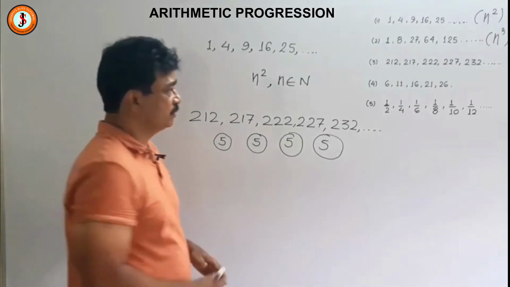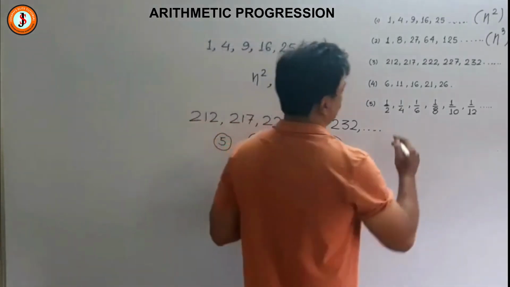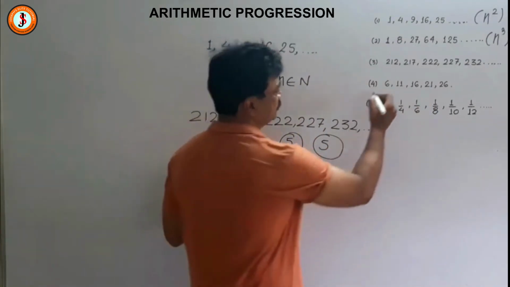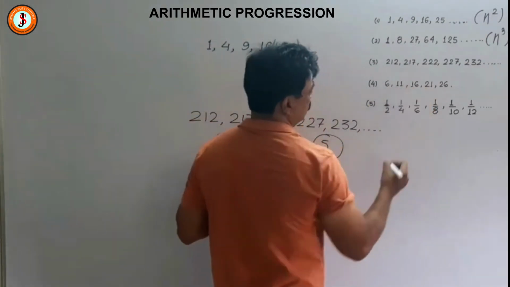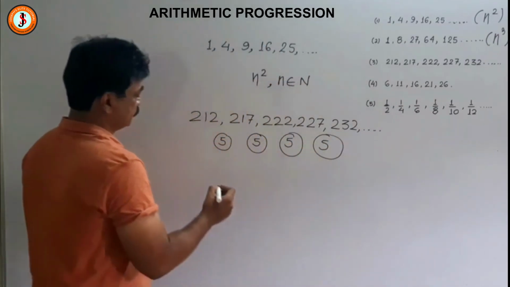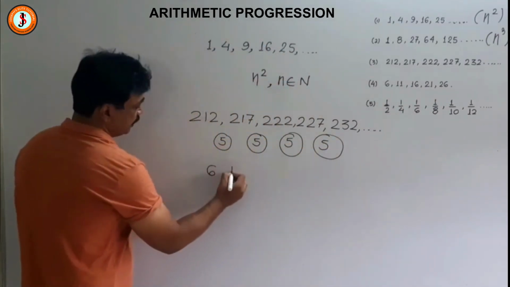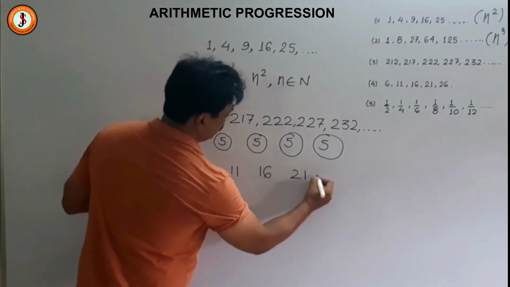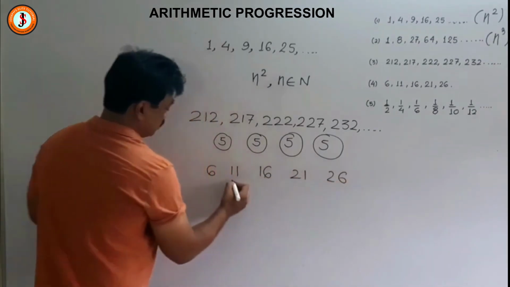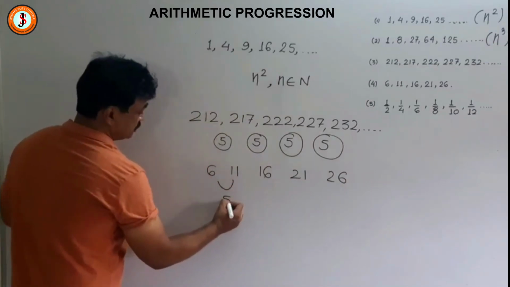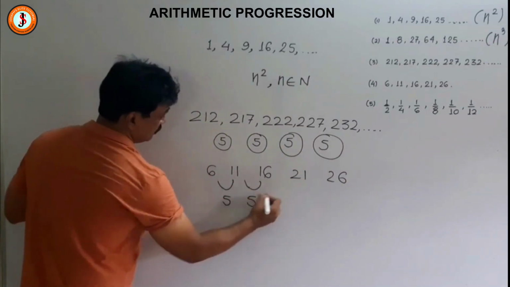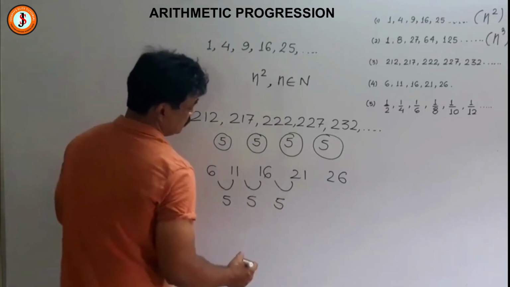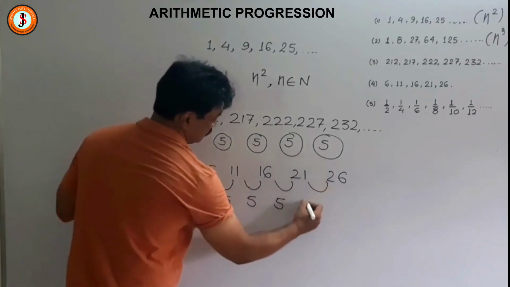The same thing happens, suppose I take up 6, 11, 16, 21 and 26. Here also the difference is 5. There is a common difference. 11 minus 6 is 5, 16 minus 11 is 5, 21 minus 16 is 5, 26 minus 21 is 5.